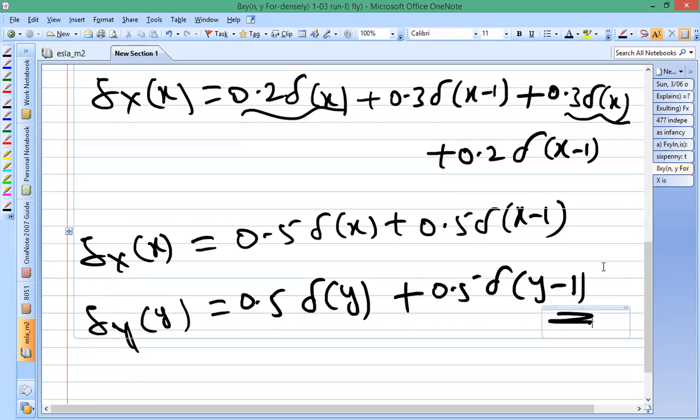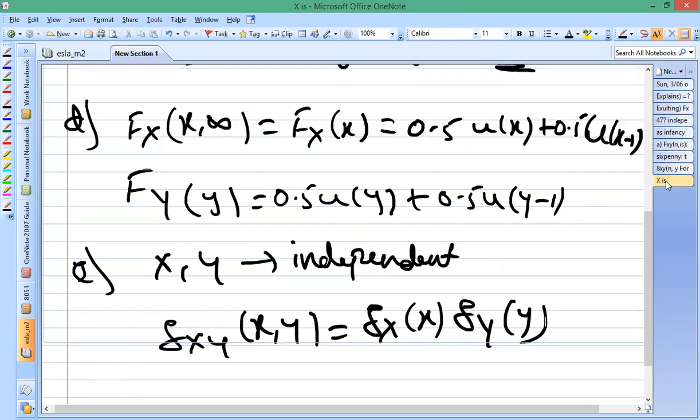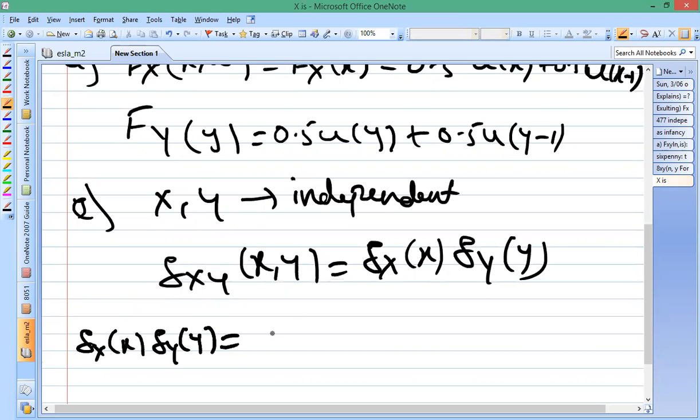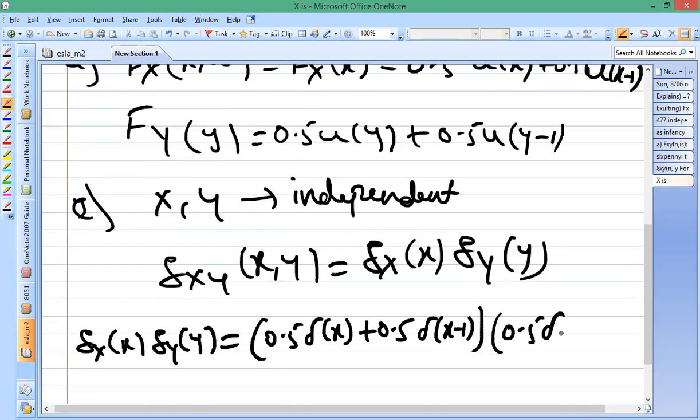Check, substitute and make the calculation. I will not write the equation for fxy of x comma y as it has already been written. So I'll just take fx of x into fy of y, which is the product of 0.5 delta of x plus 0.5 delta of x minus 1, multiplied with fy of y, defined as 0.5 delta of y plus 0.5 delta of y minus 1.